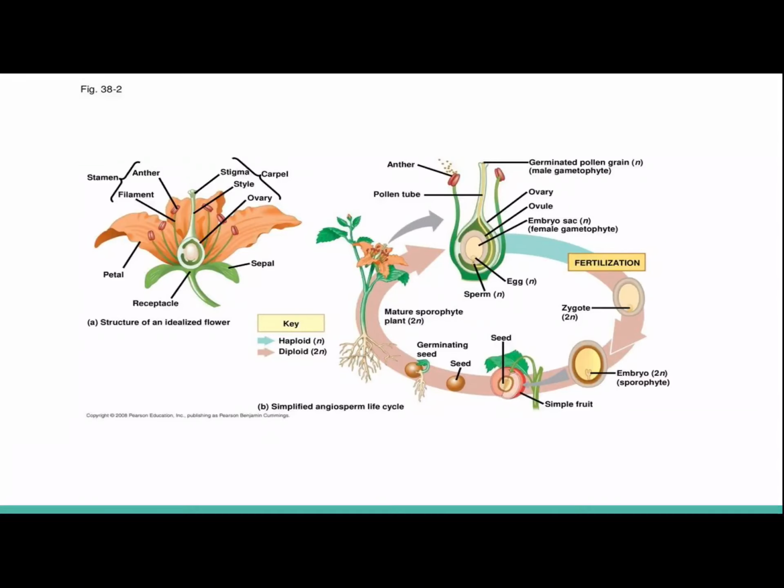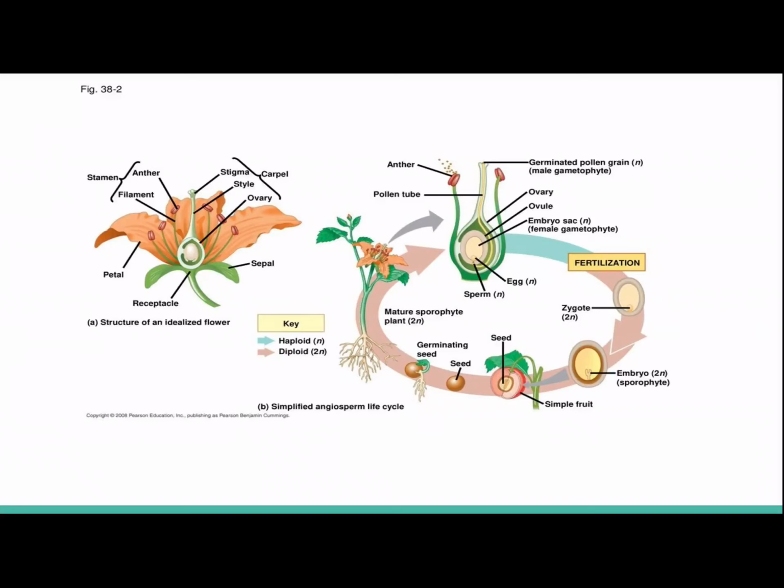And you can see the pollen coming off the anther there, and if it lands on the stigma, part of the carpel or the pistil, it will grow a pollen tube and go down inside the ovary where it will fertilize the egg. And that fertilization of that egg creates the seed, which grows inside the ovary of that flower.